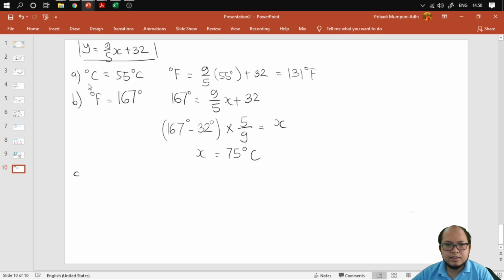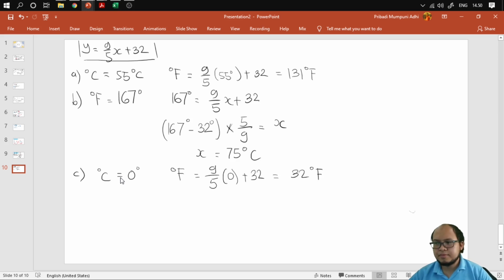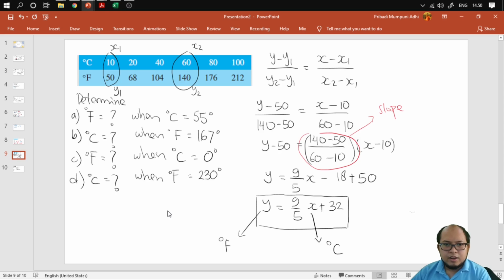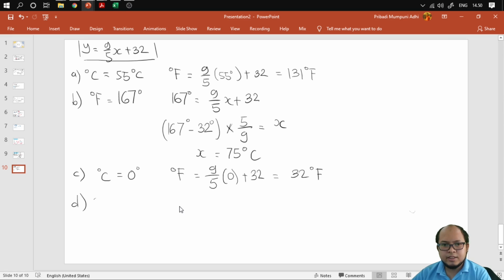And for C, when the degree C is equal to 0, the degree Fahrenheit will be equal to 9 over 5 multiplied by 0 plus 32. So this will be 32 degrees Fahrenheit. And for question D, here we need to know the C. So this one, the degree F is equal to 230.